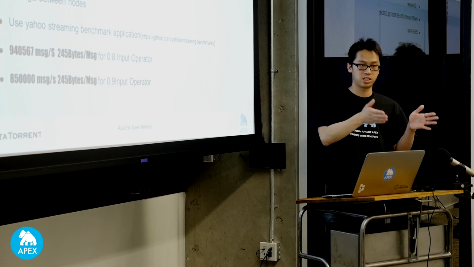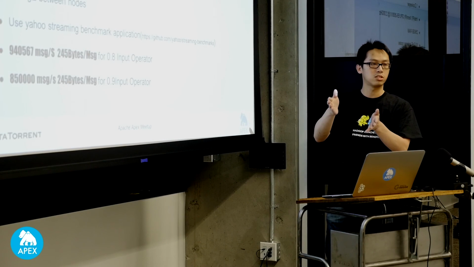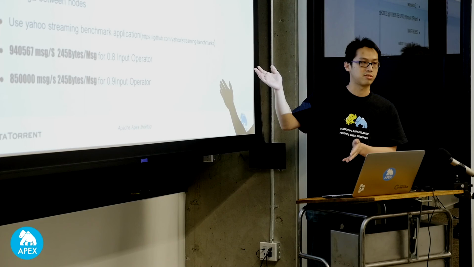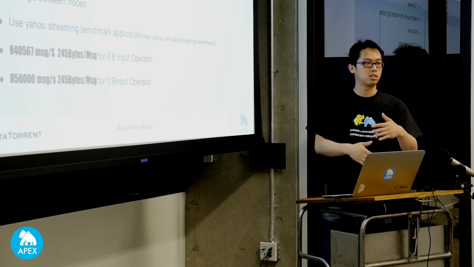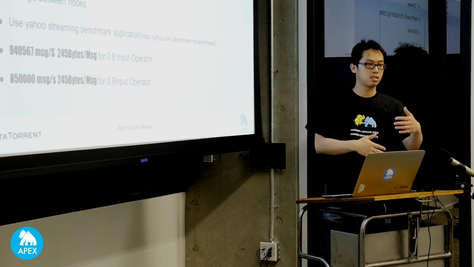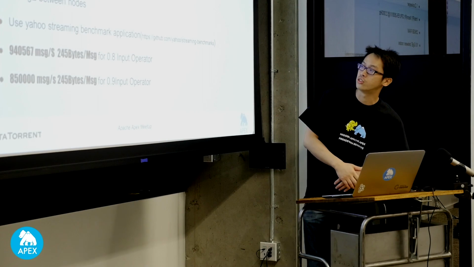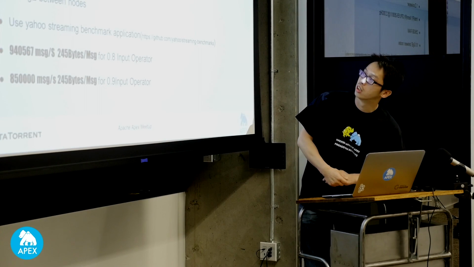It has a Flink version, a Storm version, and we also developed our Apex version. It builds the same DAG, processes the same data, and compares the numbers from each application.